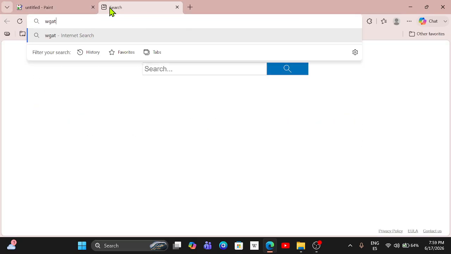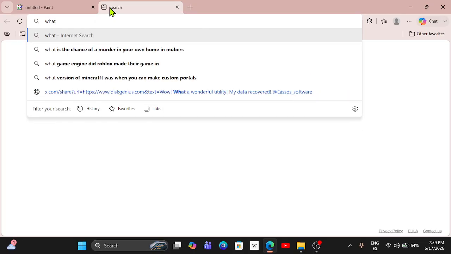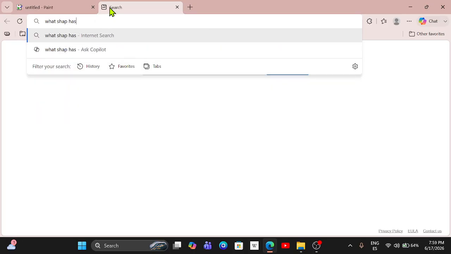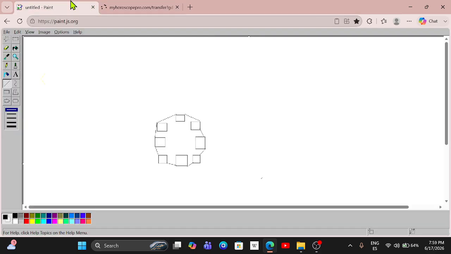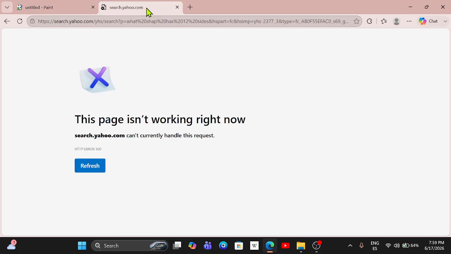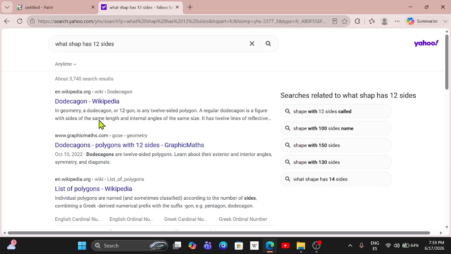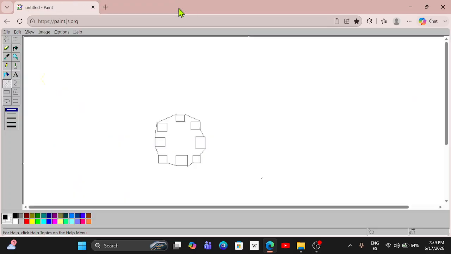So, what shape has 12 sides? So, if my theory was right that there is a V-axis, dodecagon, hold on.